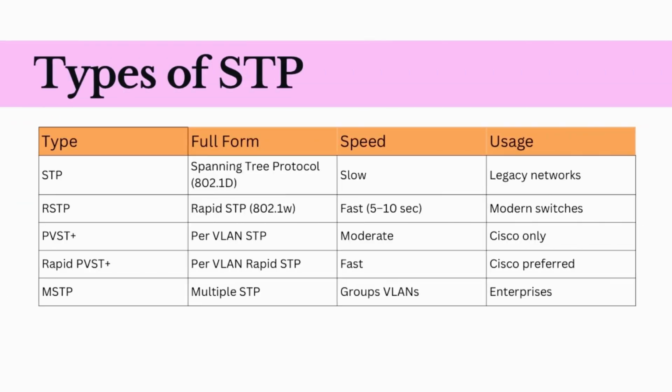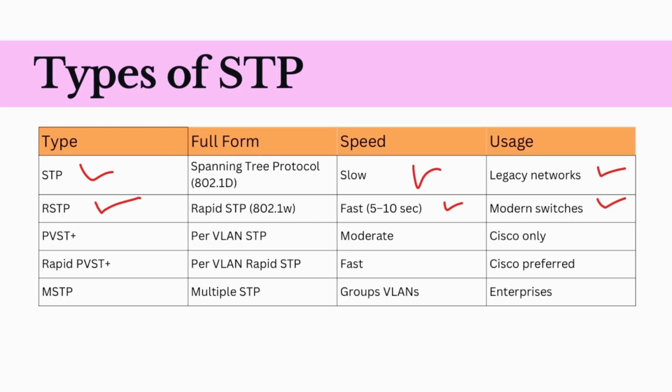Types of STPs. In this table you can see STP, which is the normal Spanning Tree Protocol, 802.1D, which is slow in speed and is for legacy, old networks. And the new one is RSTP, Rapid Spanning Tree Protocol, 802.1w. It is fast, around 5 to 10 seconds, and is used in modern switches.